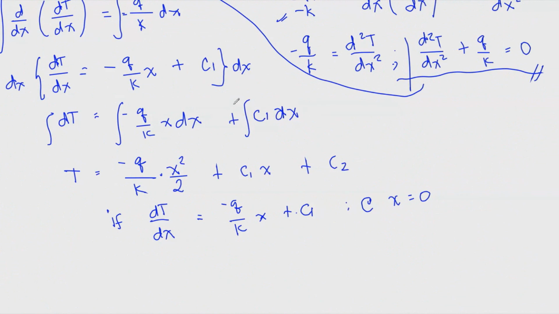So in this case, at any time t, the temperature with respect to our x, which is at 0, dt over dx is still equal to 0, provided that we're just starting to generate heat. So in this case, we have 0, that is equal to negative q over k times 0 plus c1. In this case, we have c1 equal to 0.